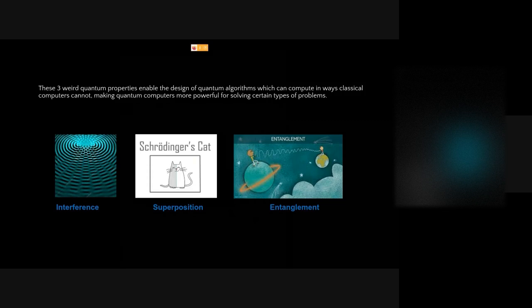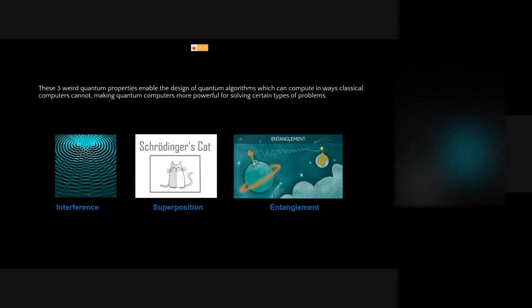Then interference is like that double slit experiment that we saw, where we get constructive interference at some places and destructive interference in other places. This is really helpful when we have bigger problems to solve.